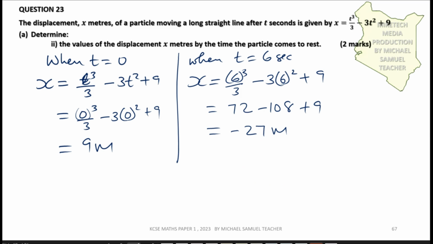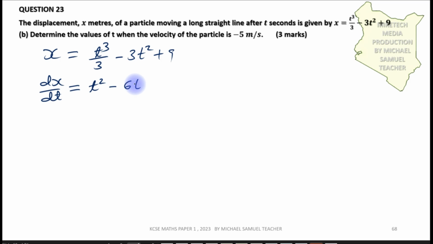Then part B of the question: determine the values of t when the velocity of the particle is minus 5 meters per second. Remember, for displacement, we have t cubed over 3 minus 3t squared plus 9, and therefore dx/dt we got as t squared minus 6t.